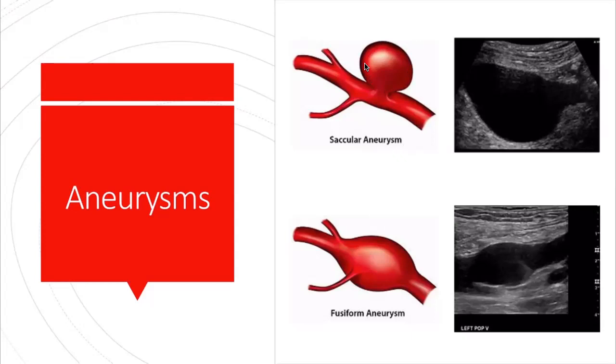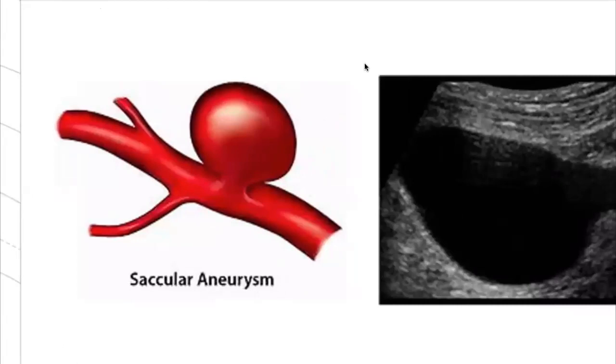A ruptured aneurysm is an emergency and occurs when the wall is so weak and thin that it bursts open. If that happens, you can imagine that the patient will start leaking blood, right? If the wall completely breaks out, the blood will start spilling into the body. Aneurysms are very dangerous, but an aneurysm in the neck, like in the carotid arteries, in the brain, or in the aorta, would probably have the highest mortality rate.